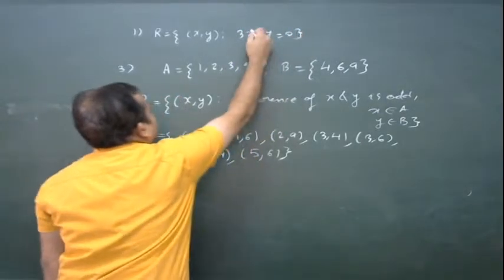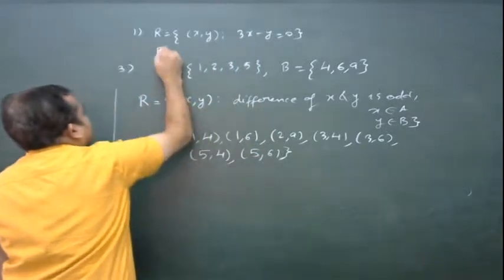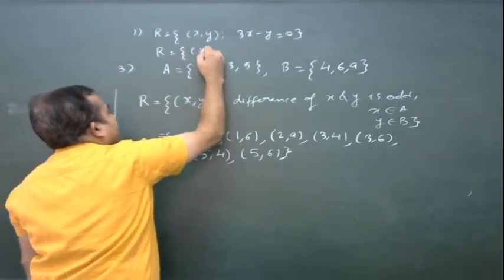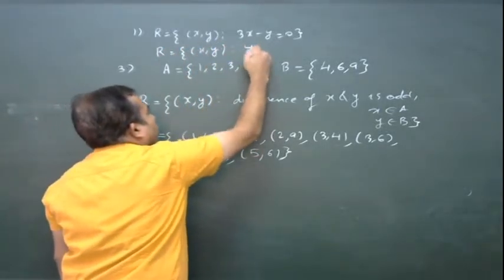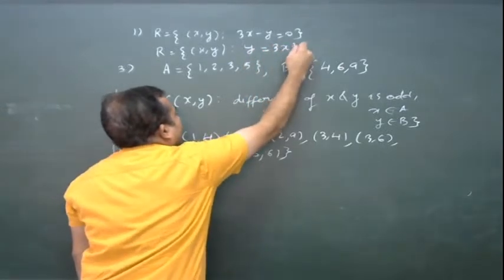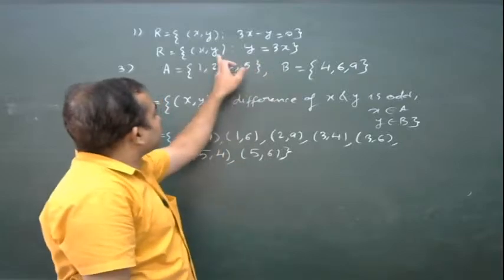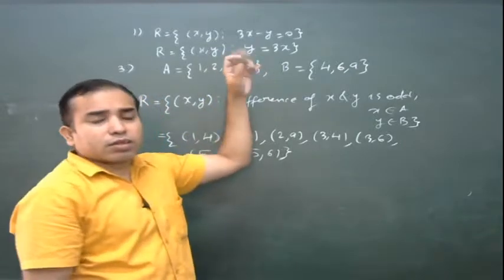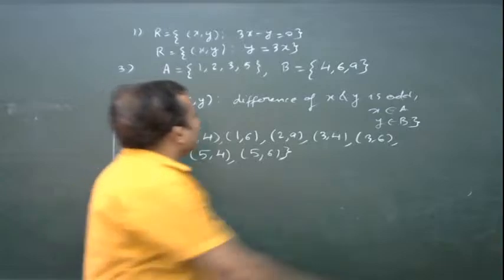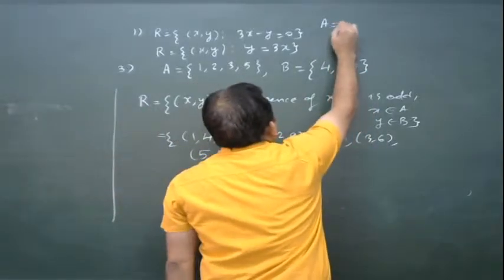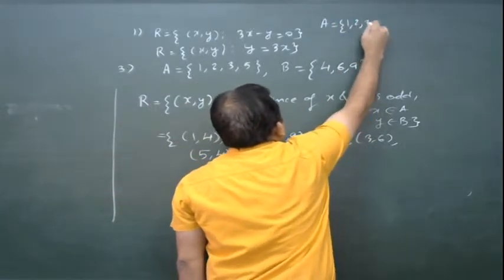This can also be written as the set of (x, y) such that y equal to 3x. Y equal to 3x means the second element is 3 times the first element, and capital A contained 1, 2, 3 up to 14.